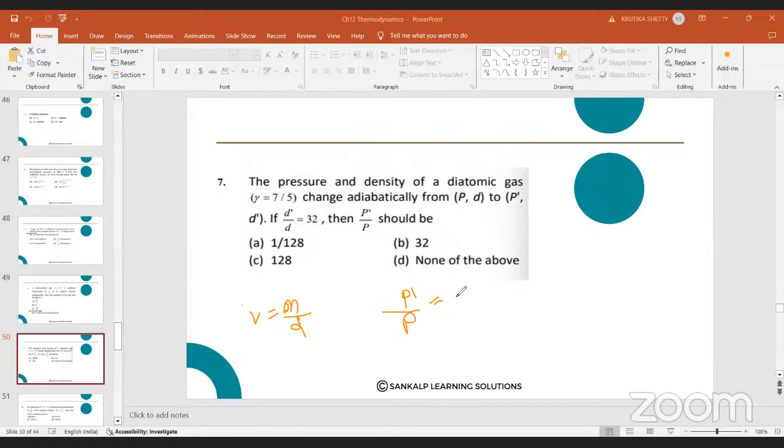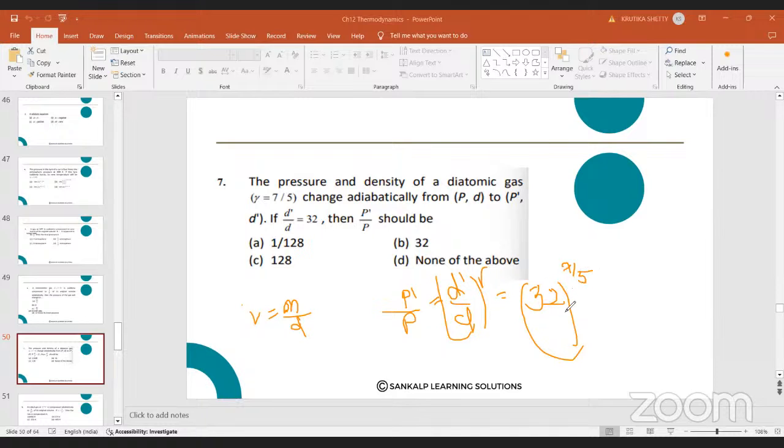So according to the pressure and volume relation, just where volume is there, we can take density. Therefore I can take it as D dash by D raised to gamma. So this is nothing but 32, because the density ratio is 32. It is 32 raised to gamma, whose value is given as 7 divided by 5.